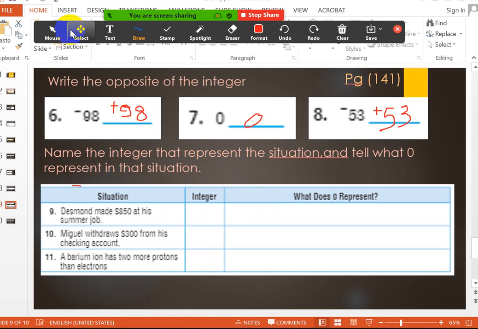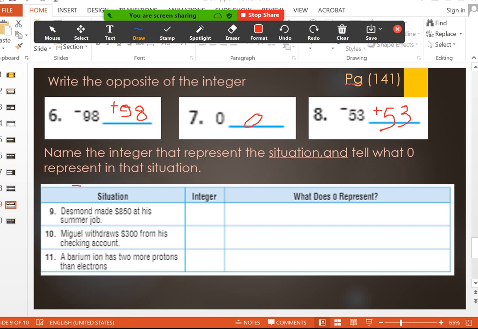I will name the integer that represents this situation, and what does 0 represent. Okay, let's start. Desmond made $850 at his summer job. What does that mean? Positive or negative?